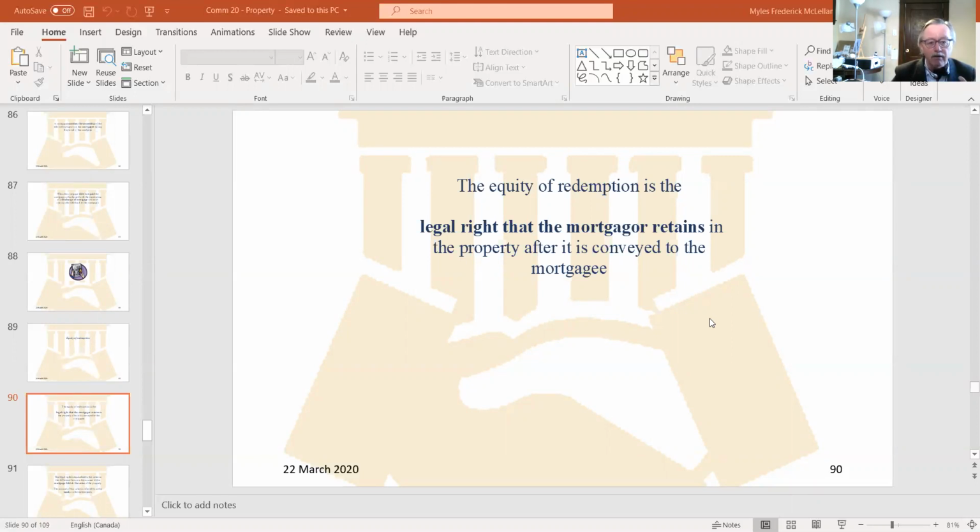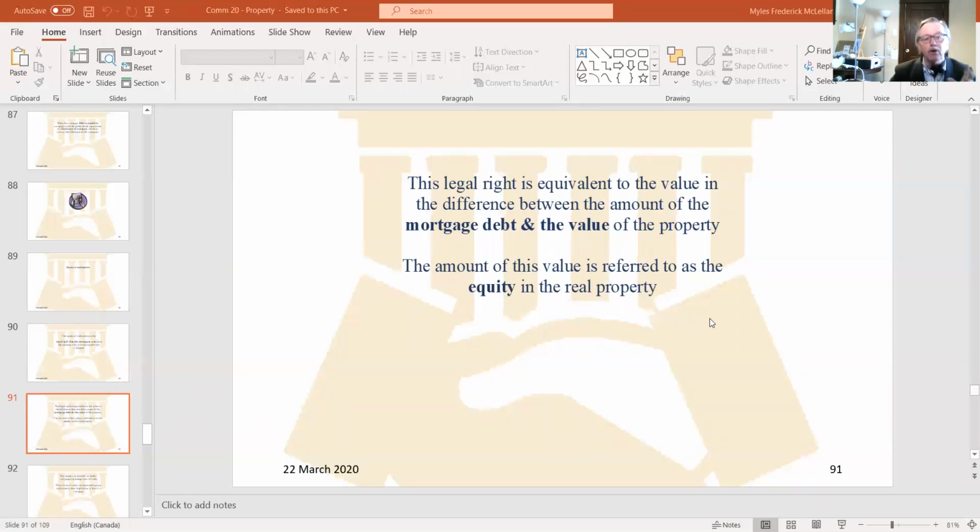And we're talking about values of property, so the difference between the value of a piece of property and the mortgage debt. So again, if I buy a house for $250,000 and I have a mortgage for $200,000, then that $50,000 is considered to be my equity of redemption, but that's almost always simply referred to as your equity, right?